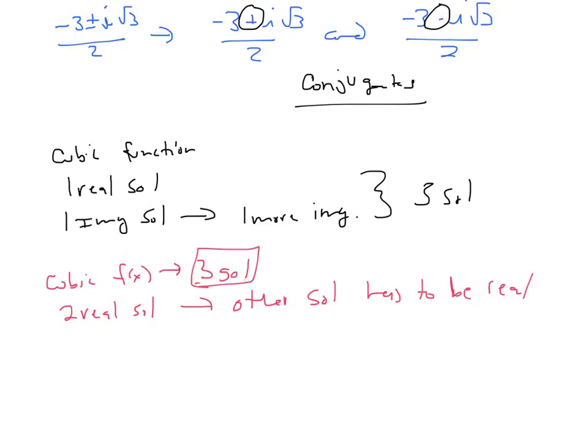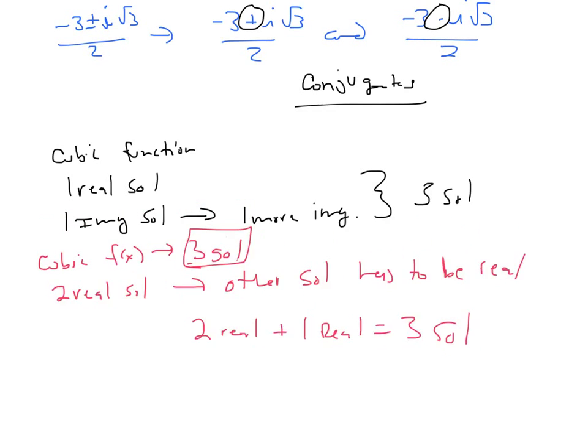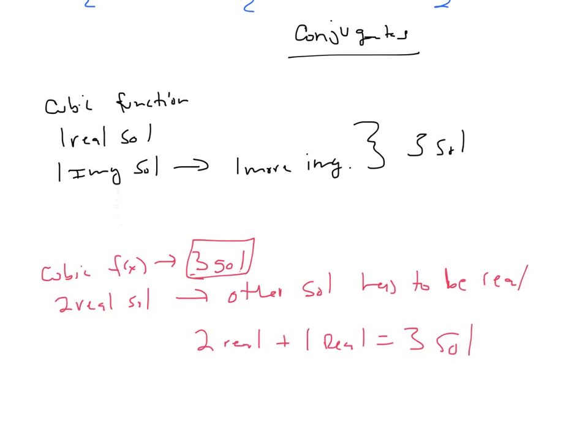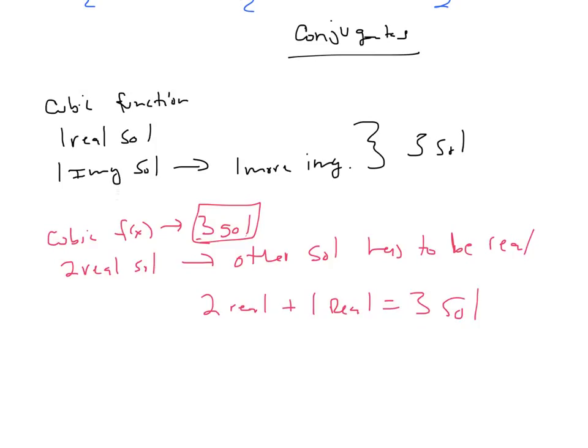So two real plus one more real equals three solutions. That works. But if I had two real, I would have to have two imaginary because they come in pairs. That would be four solutions, and that doesn't work for a cubic function. So imaginary solutions always come in pairs.